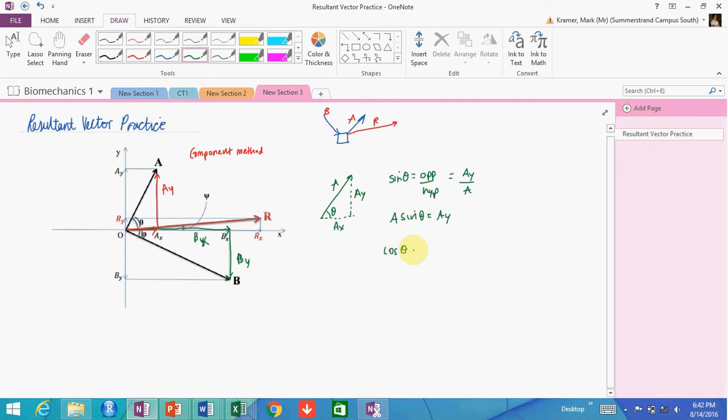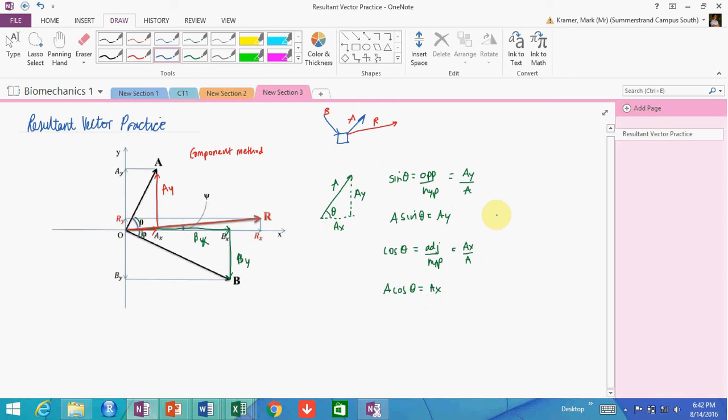The AX component utilizes the cosine function, which is the adjacent divided by the hypotenuse. Again, using the labels I've implemented here, it would be AX over A. Multiply that over to the other side, so A cosine theta is going to be equal to the AX component. Now it all follows the same principle with the B vector, but in essence you'll find this trend that tends to emerge, right?